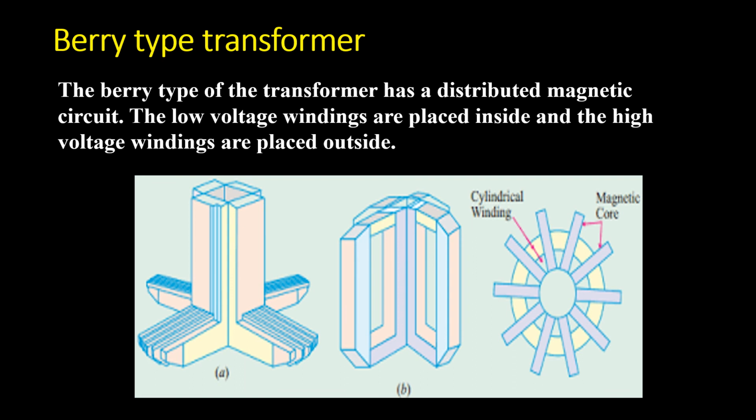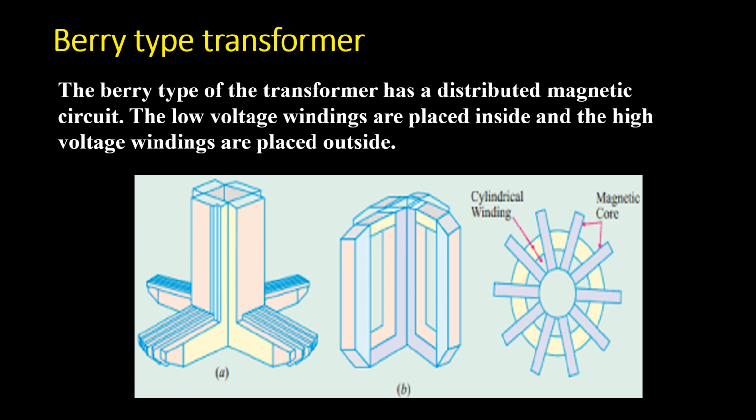Berry type transformer is one type of shell type transformer only. It is a commonly used shell type transformer, and it is so called after the name of its designer, and is cylindrical in form.